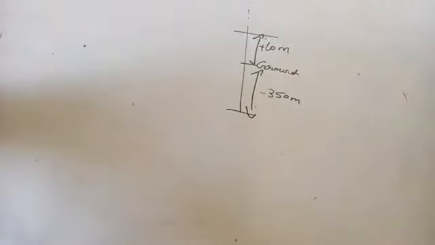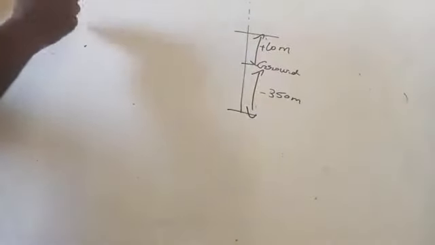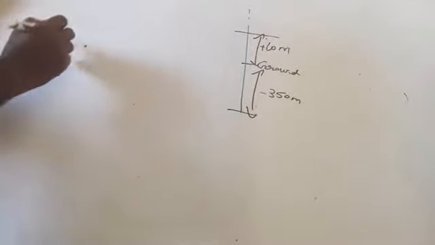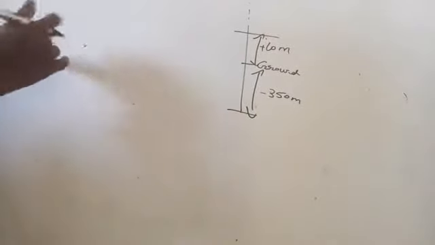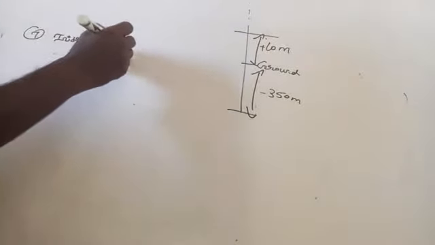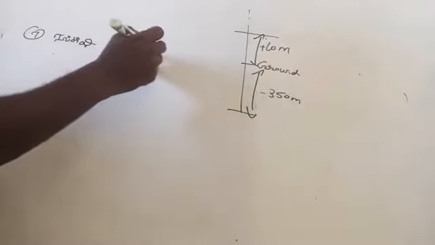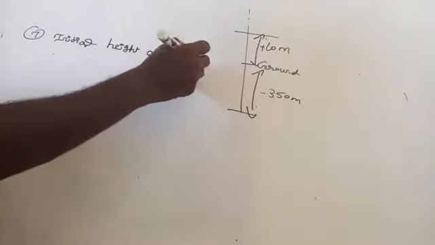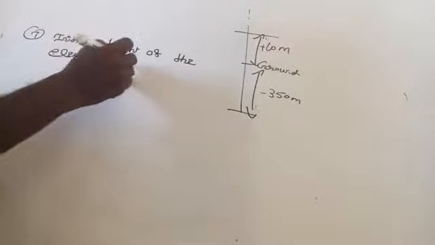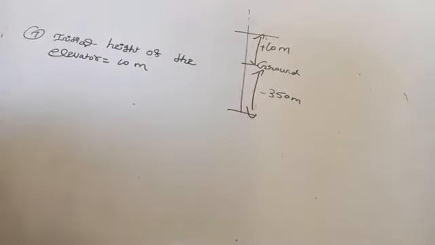Right? Now it's given that the initial height of the elevator is what? 10 meter. It is question number 7. Initial height of the elevator is equal to 10 meter. Am I right? Then after that it has to descend.